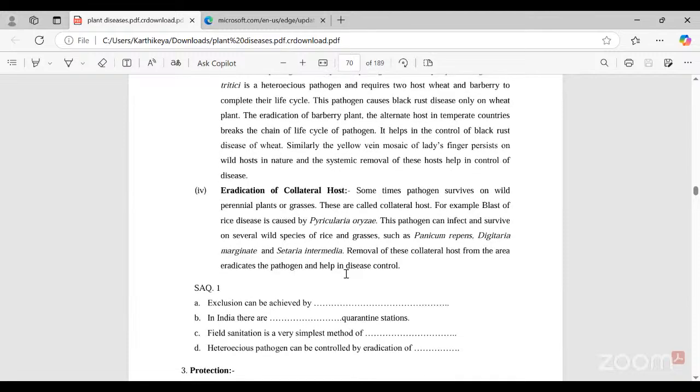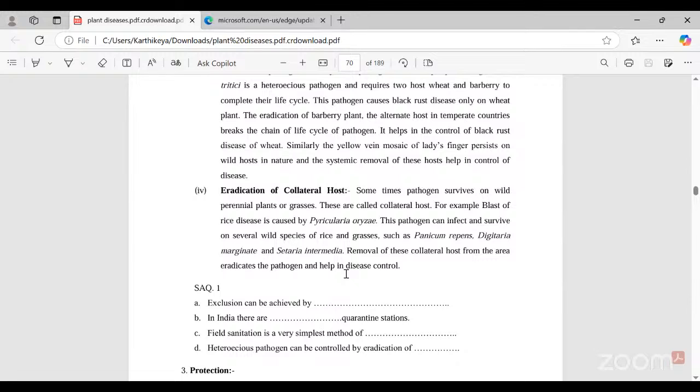Eradication of collateral host. Sometimes pathogens survive on wild perennial plants or grasses. They are called collateral hosts. For example, blast of rice disease caused by Pyricularia oryzae.